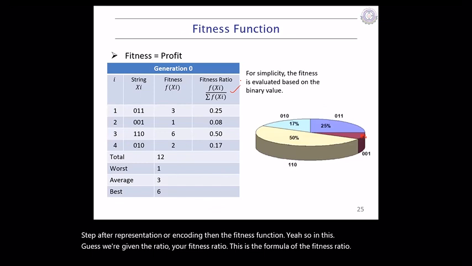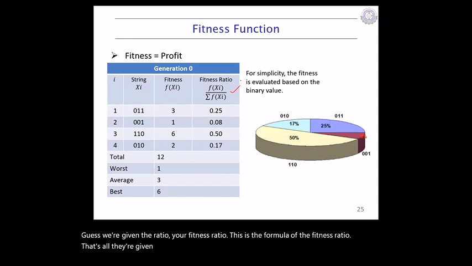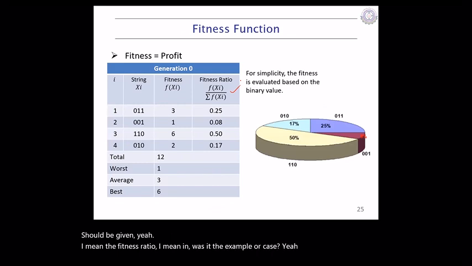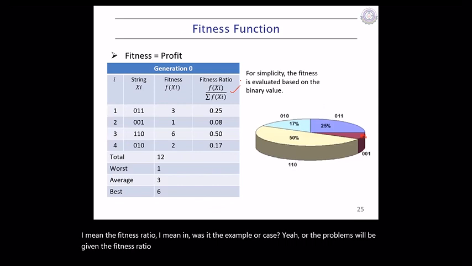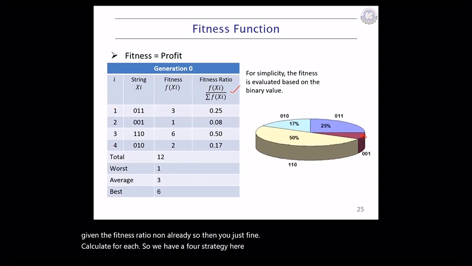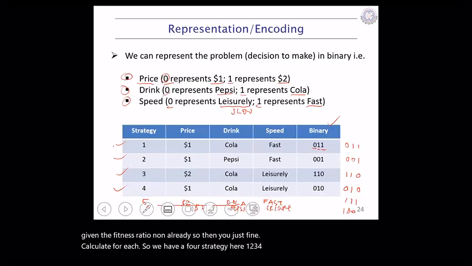I mean, in the example or case, or the problems, the fitness ratio will be given, known already. So then you just calculate for each. We have 4 strategies here, 1, 2, 3, 4, as you can see here.